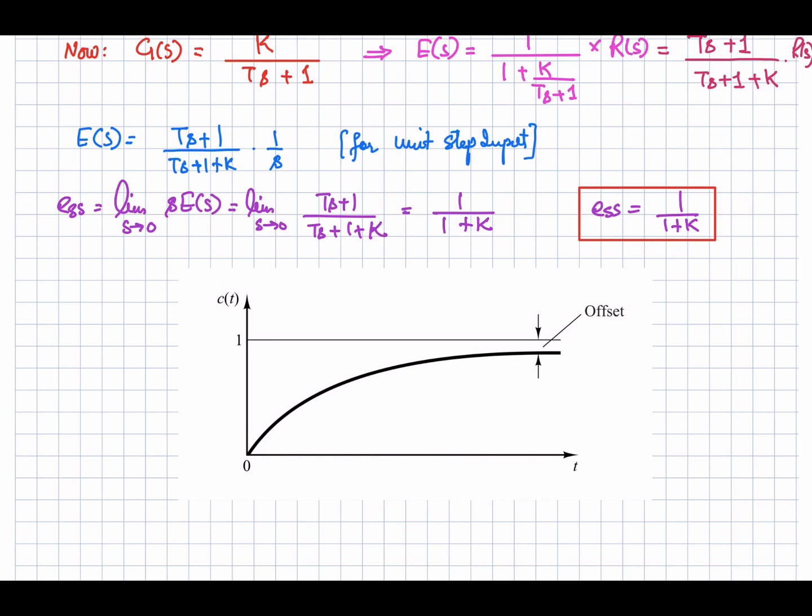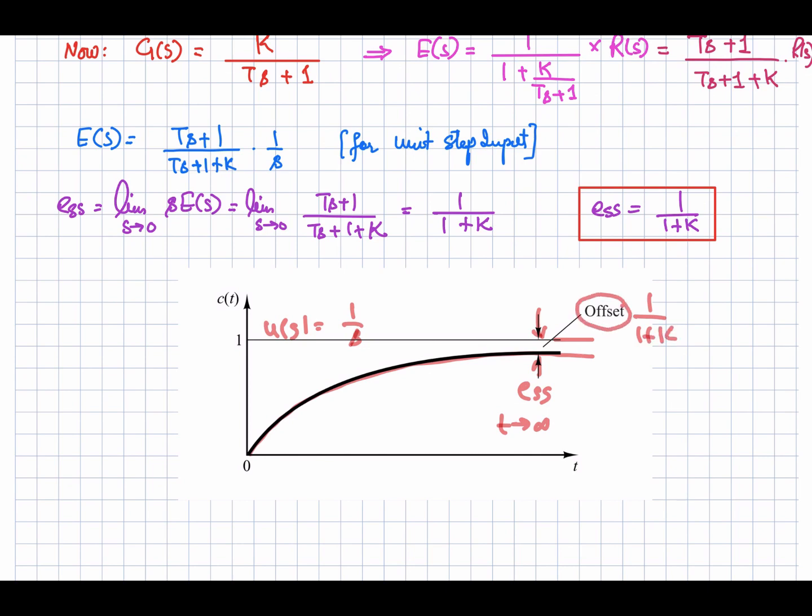So the step response of this system is shown over here. When you apply the unit step input, that in terms of S domain is 1 by s, your system will give you this response. And in steady state, when your time is approaching infinity, you have the constant error, and that is equal to 1 over 1 plus K, and we call it an offset.